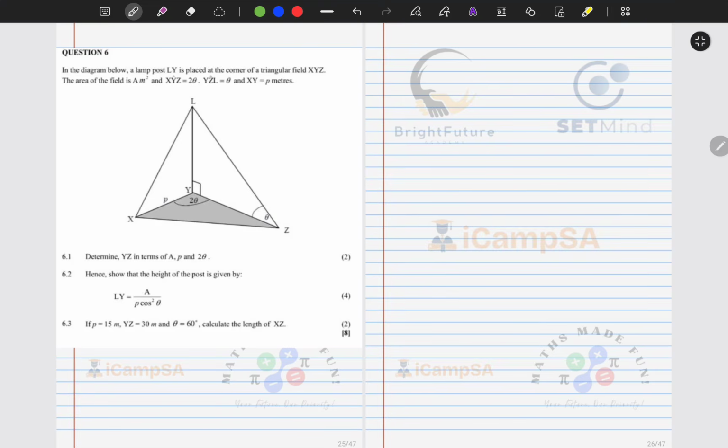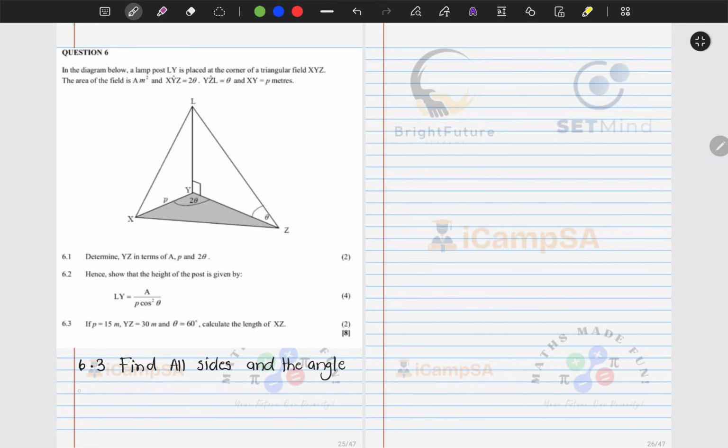Okay, let's have a look at what is happening. So we're looking for XZ, and they also gave us theta. Okay, so the first thing that I'm going to do is to find all sides that can be found, and the angle.